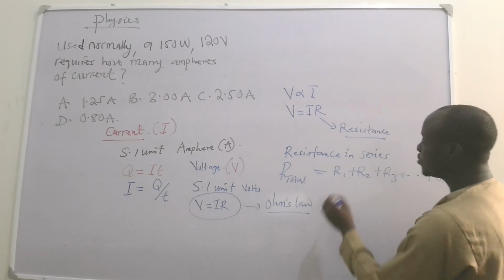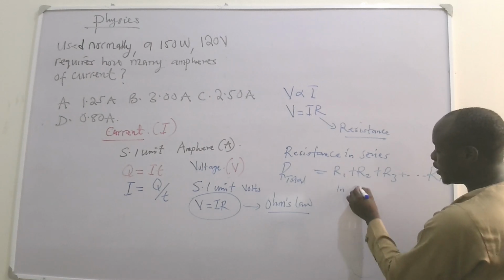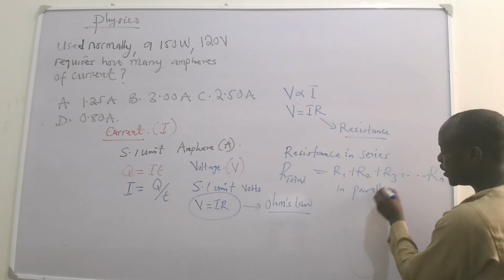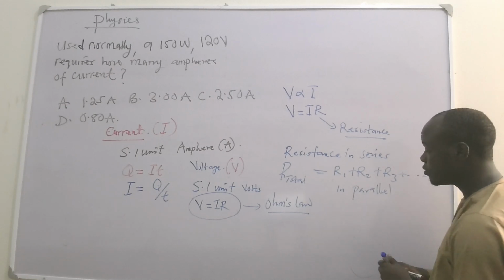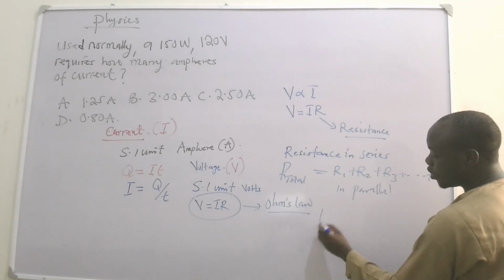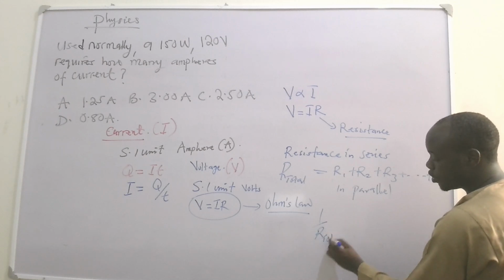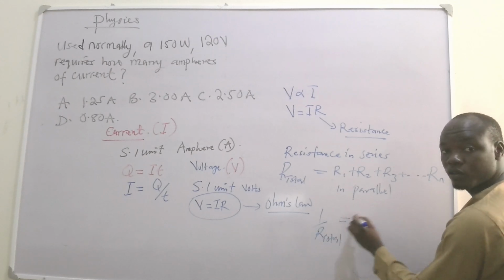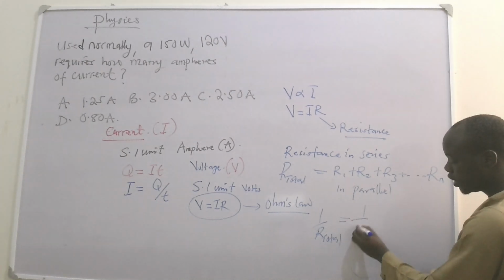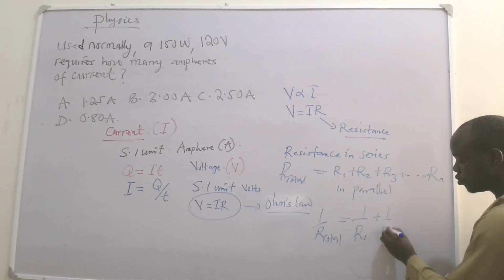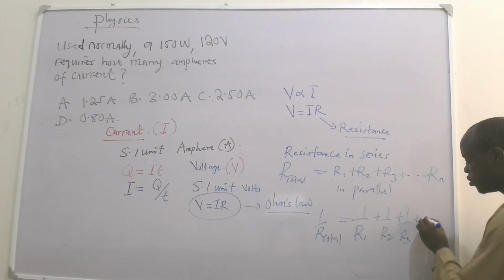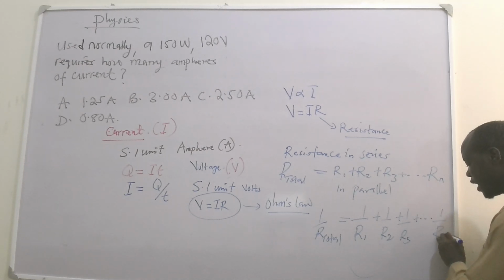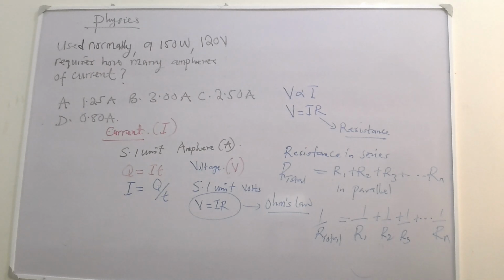For resistance in parallel, 1 over R total is equal to 1 over R1 plus 1 over R2 plus 1 over R3 plus 1 over Rn, depending on the number of resistors.